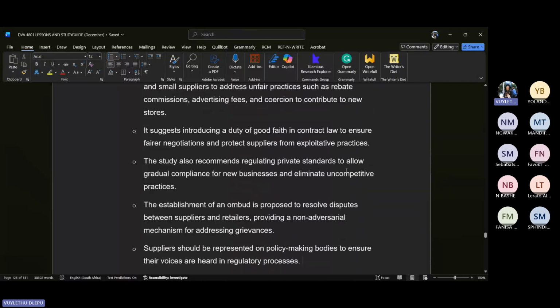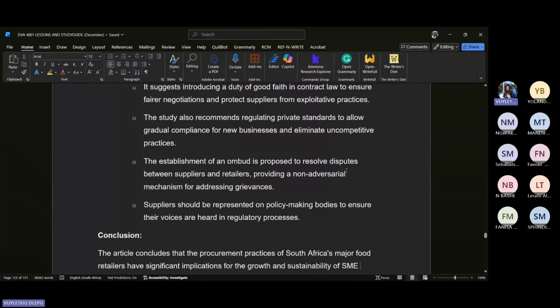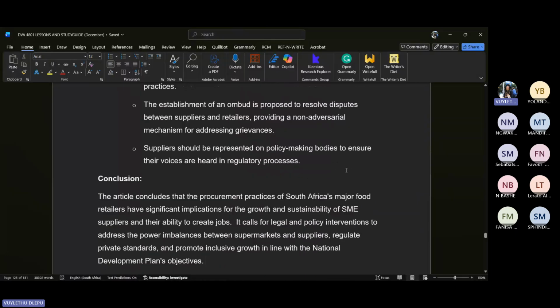The establishment of an ombud is proposed to resolve disputes between suppliers and retailers, providing a non-adversarial mechanism for addressing grievances. And suppliers should be represented on policy-making bodies to ensure their voices are heard in regulatory processes.